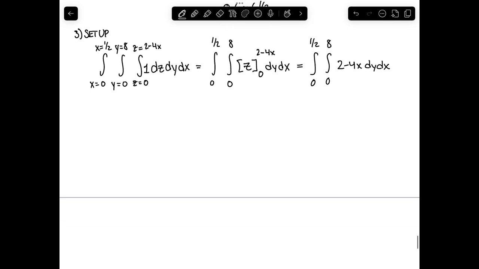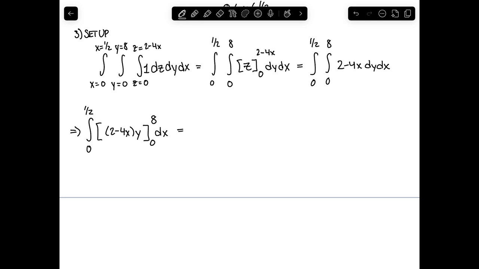Okay, so if we keep going, 0 to 1/2. And now we're integrating with respect to y. So we're going to get the 2 minus 4x. That's all one big constant. And then y gets tagged on there. It's being evaluated from 0 to 8. We have dx.